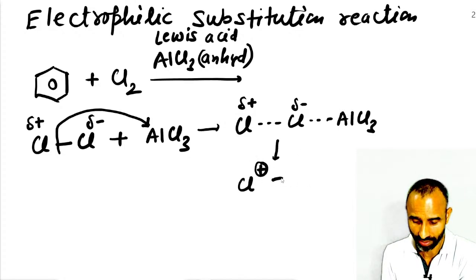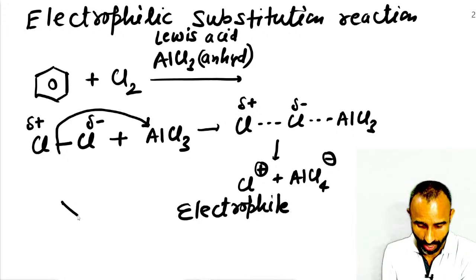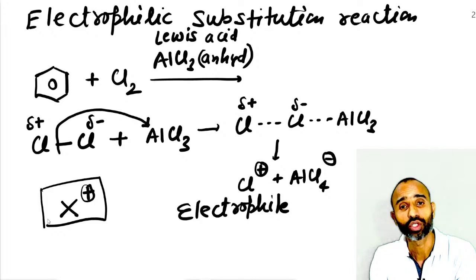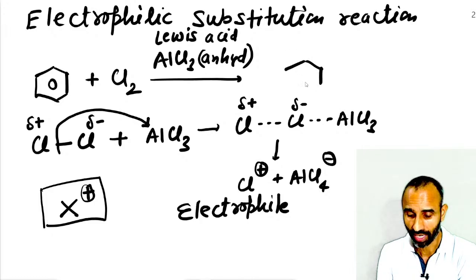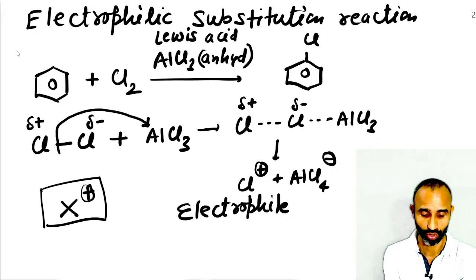It can change into Cl positive and AlCl4 negative, and this Cl positive is the electrophile. So in chlorination and bromination, this X positive is an electrophile, and it will attack and we get chlorobenzene. So this is chlorination.